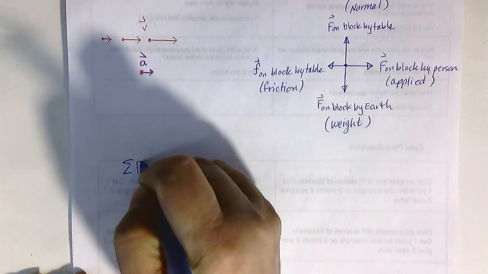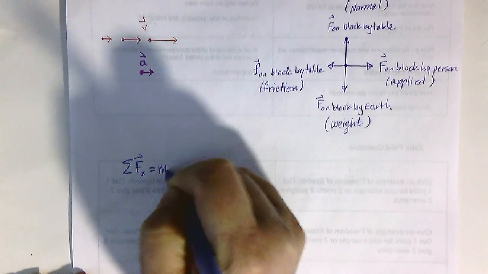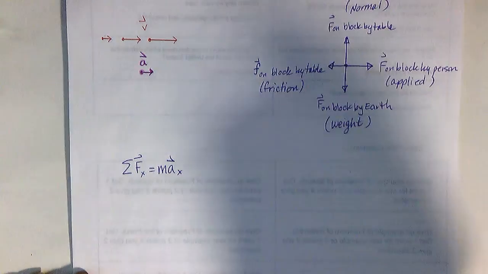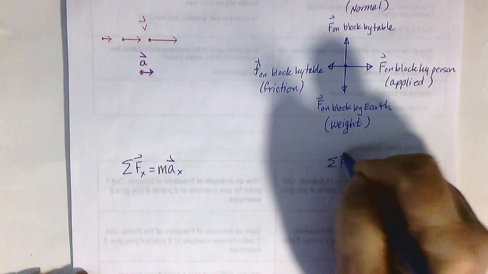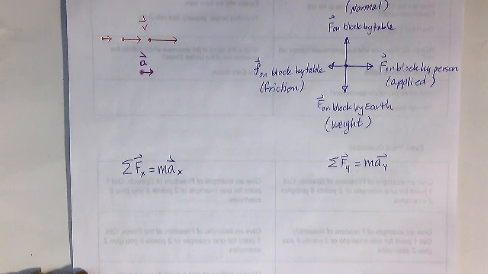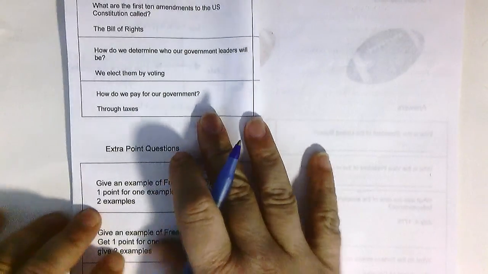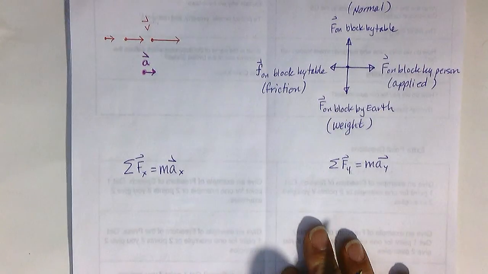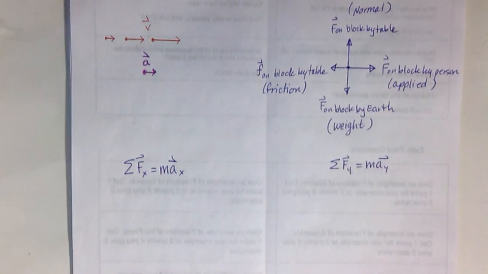Okay, so here I'm going to do the sum of the forces in the x direction is equal to m a sub x. And over here I'm going to do the sum of the forces in y is equal to m a sub y. I also am going to fold my paper hot dog so that I can keep everything of x on this side, everything of y on this side.